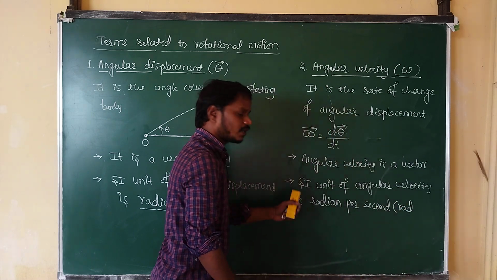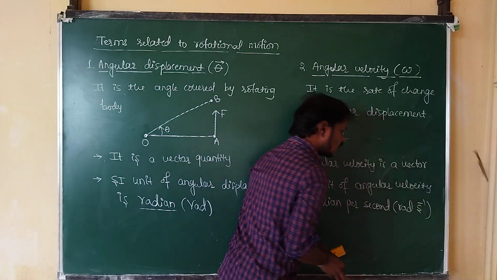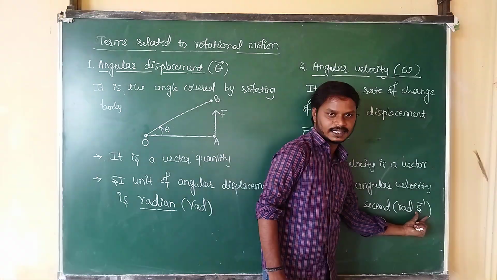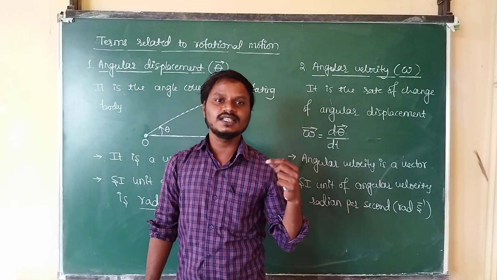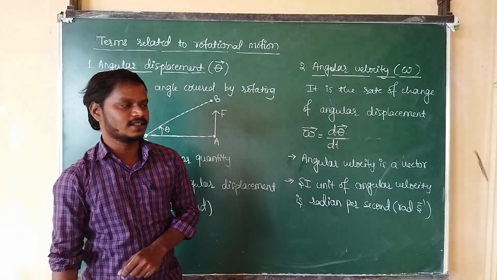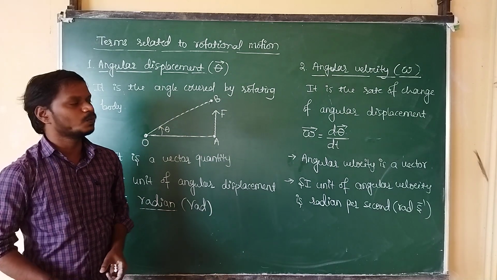Symbolical representation of radian per second: how to read this one? Radian per second. Because the second is in the denominator, it is read as radian per second. This is about the second term related to rotational motion.